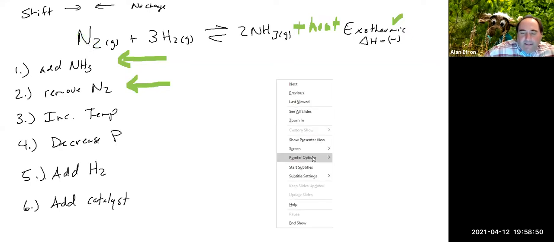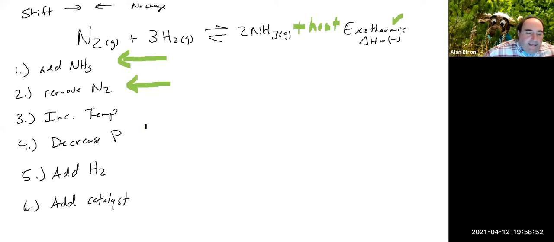So increasing the temperature means that we are going to be adding more heat and energy. And since we already determined that heat is a product, when we add heat and energy, it should shift away from it, and it would cause it to also go to the left in this case.